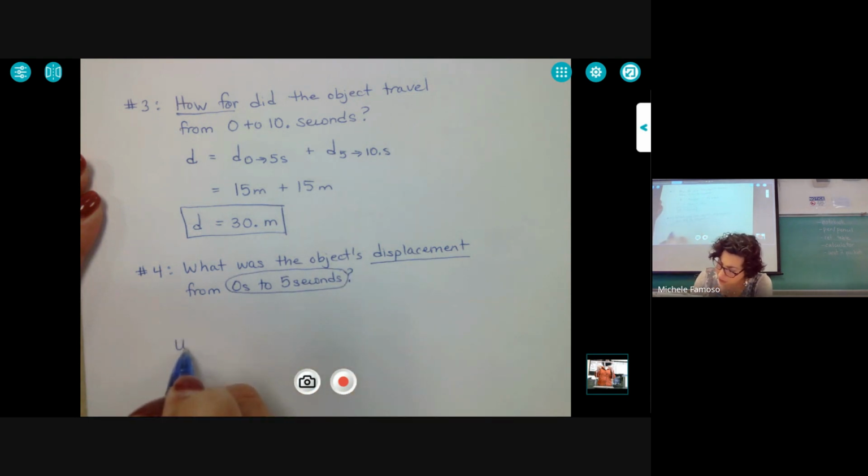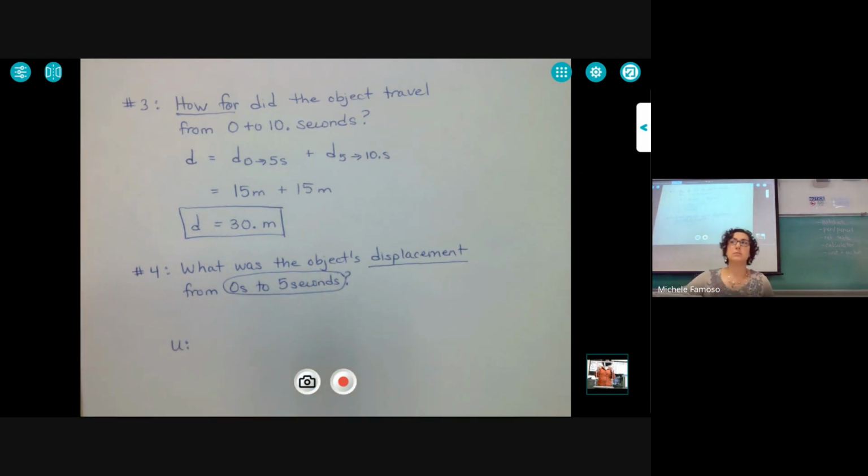What am I asking you for now? How do I write that? I don't write it with a D. D with the arrow over the top means it's a vector. I'm going to need a direction on it.